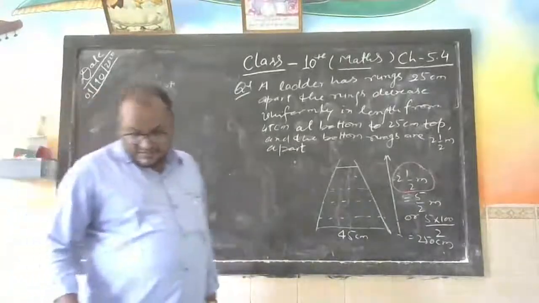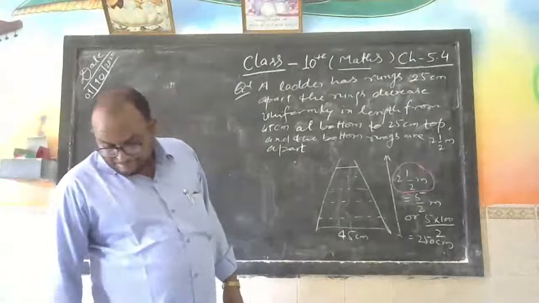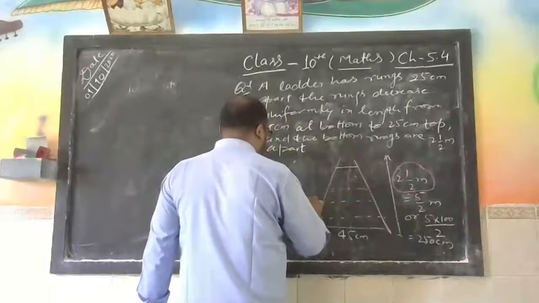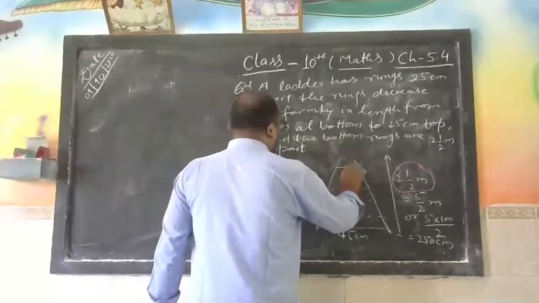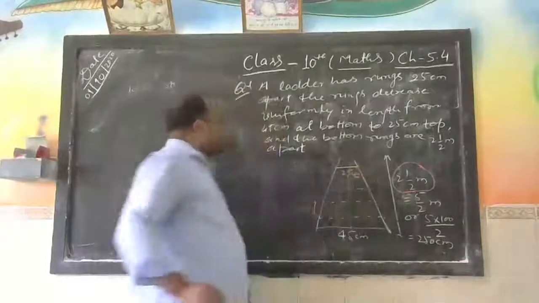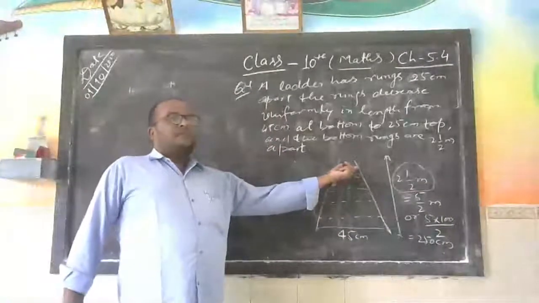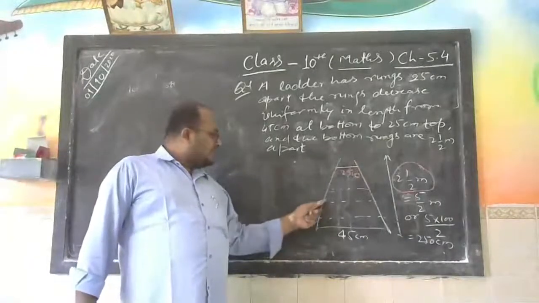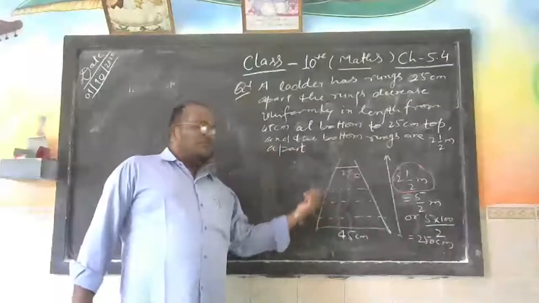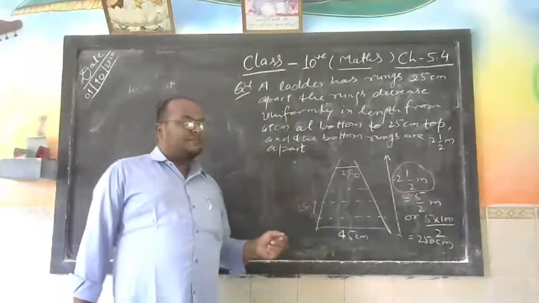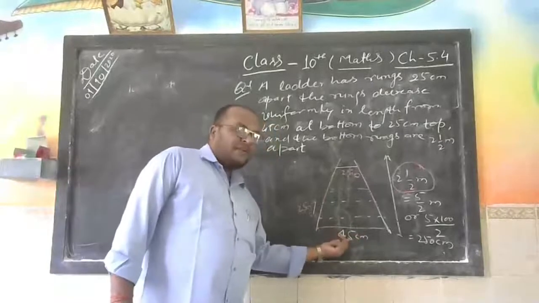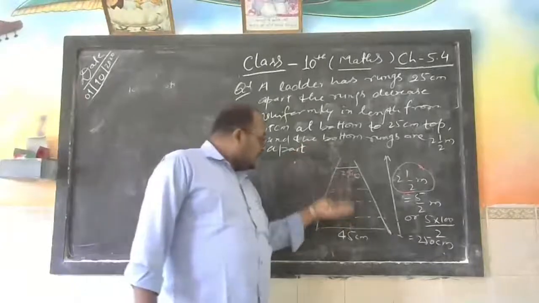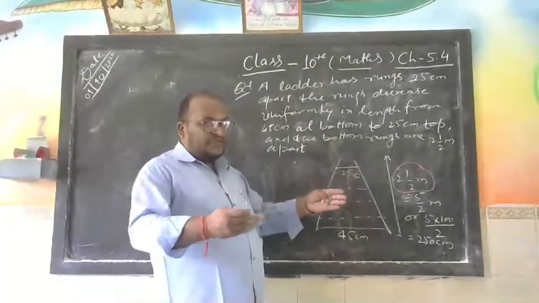Now again, it is given here the distance between the rungs is 25 centimeter, and the top rung breadth is 25 centimeter, because at the bottom level it is 45. Now when it goes upward, the rungs are uniformly decreasing.